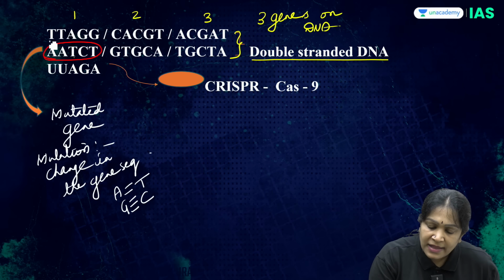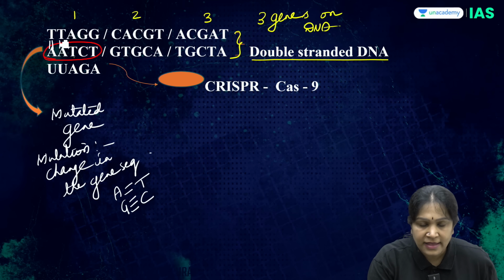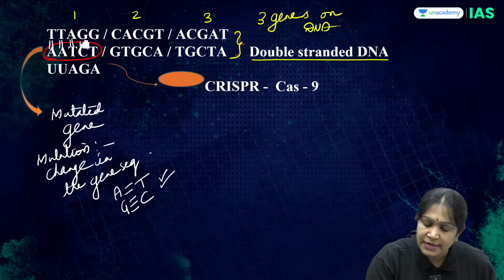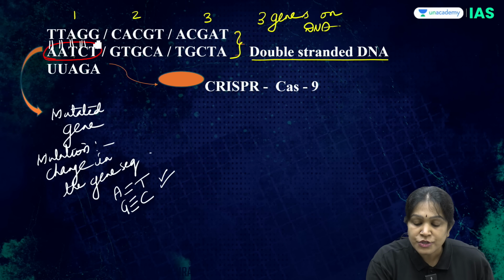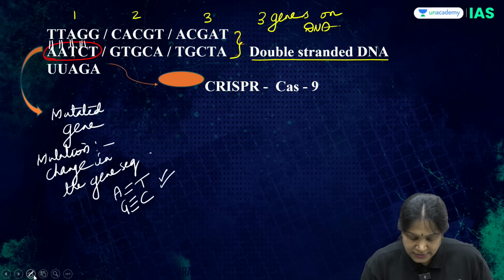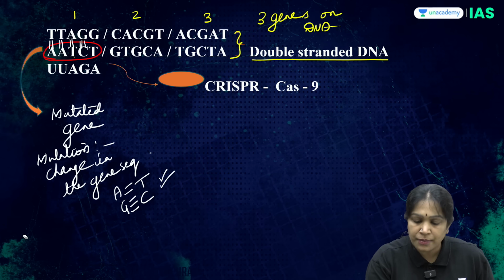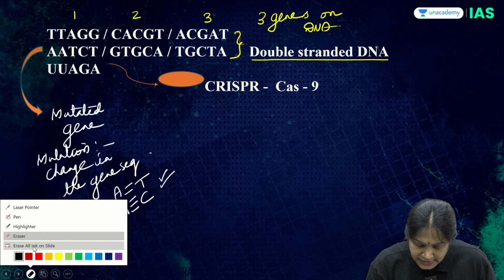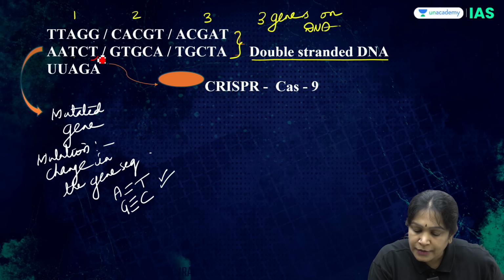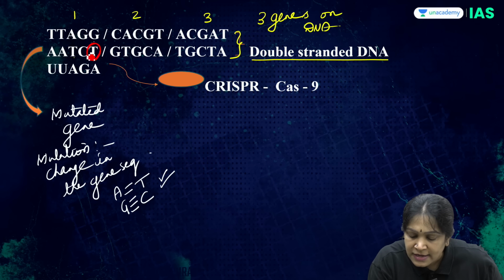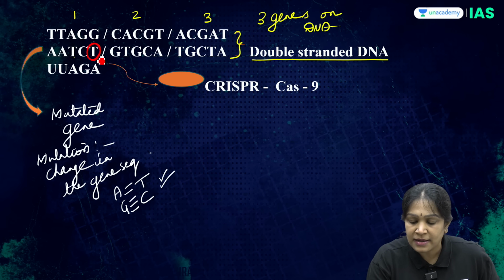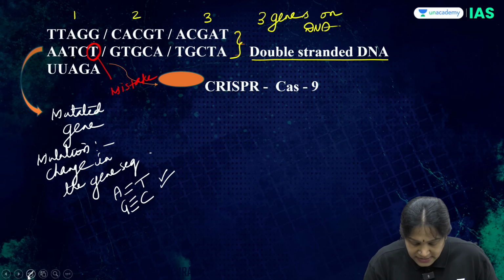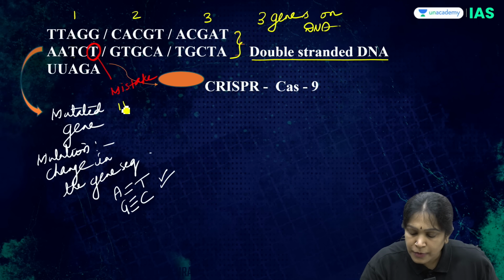So adenine pairing with thymine correct, thymine with adenine correct, adenine with thymine correct according to this rule. Guanine with cytosine correct, but guanine should pair with what? Cytosine, isn't it? It means the correct letter here is supposed to be cytosine. You should have cytosine here, but you have thymine. This is a mistake, and such mistakes are called mutations.